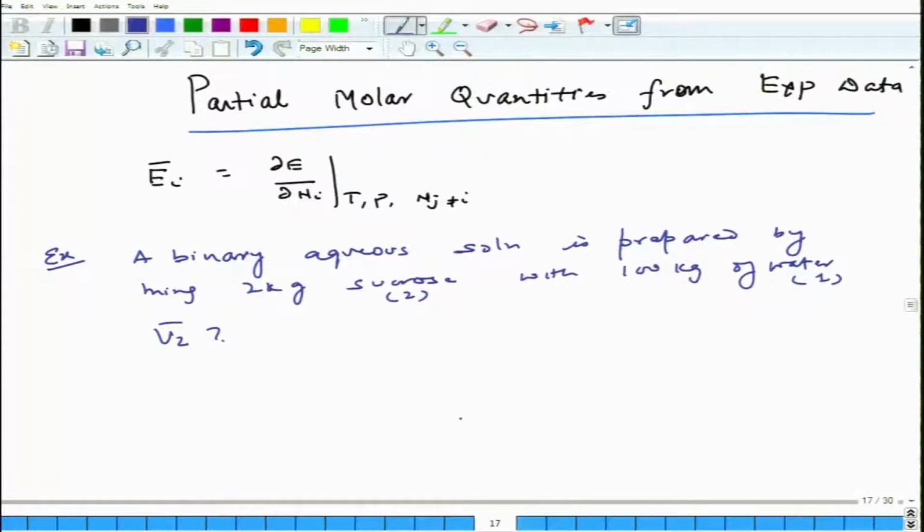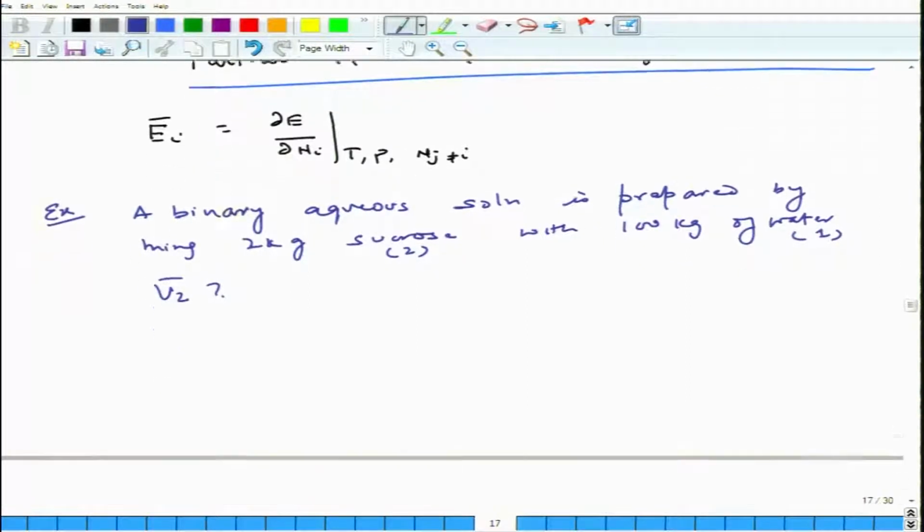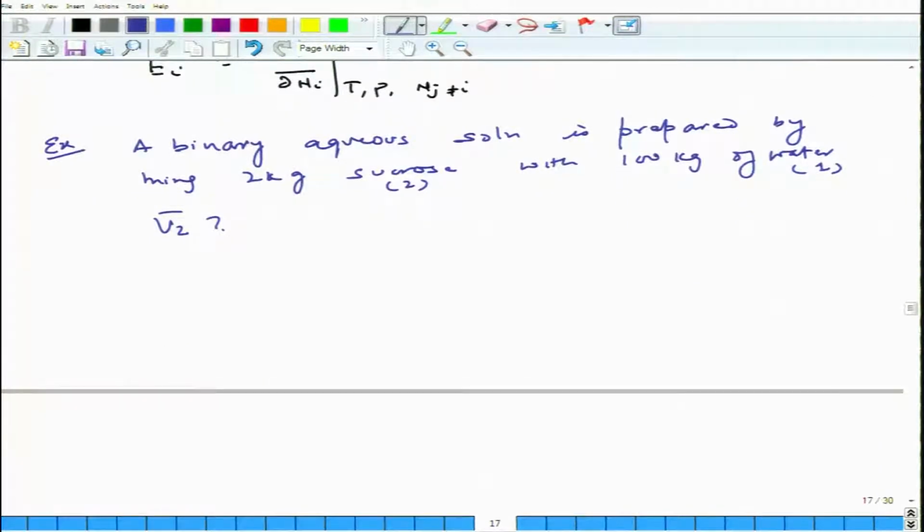Now, let me just write down some of the properties of sucrose and water. So, let us say that the solution mixture is at 20 degrees Celsius and 1 bar. Okay. So, the density at 20 degrees Celsius and 1 bar is 1.0060 kg per liter.